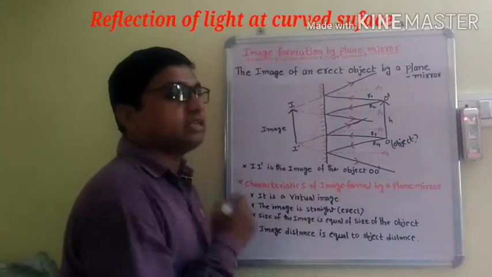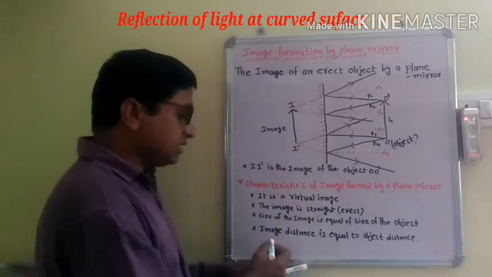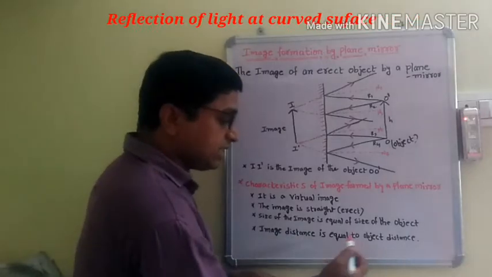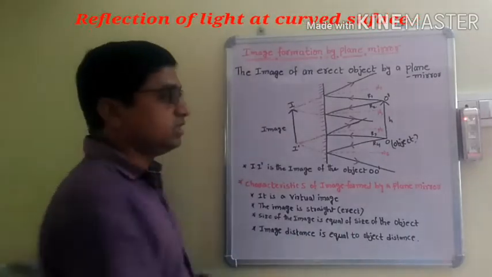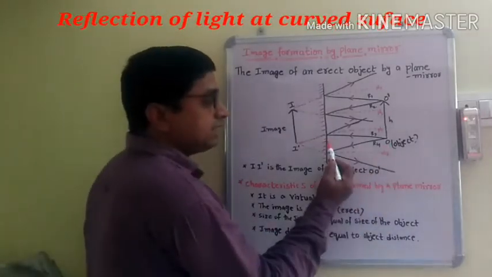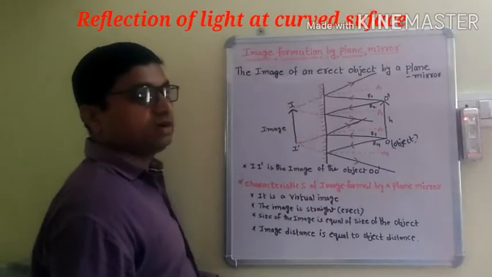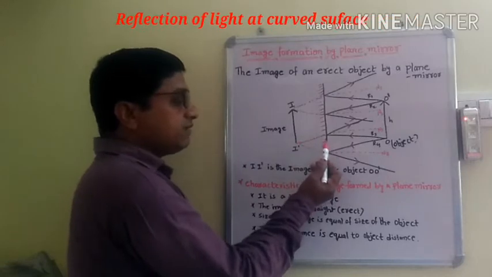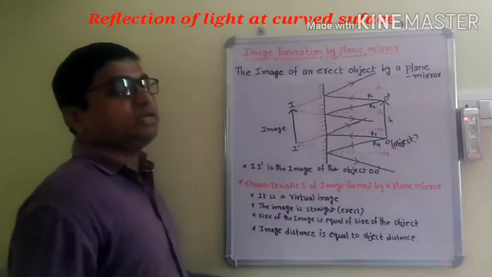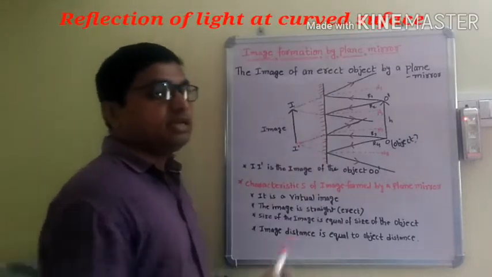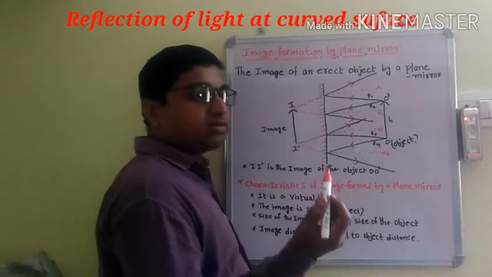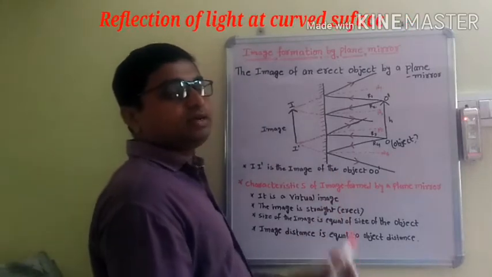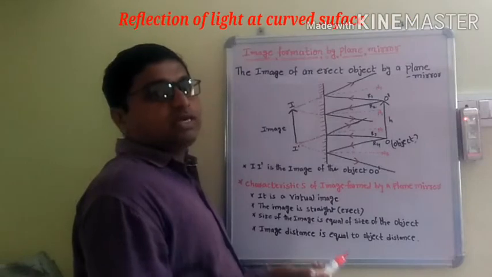That point I write here. Next, the image distance is equal to the object distance. Here the distance from O to the surface and from the image I to the surface are equal.